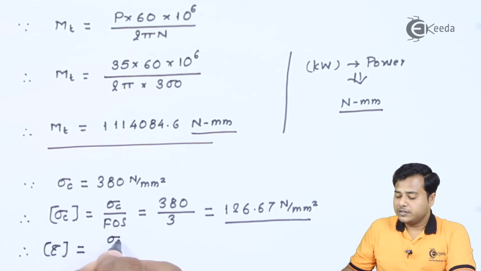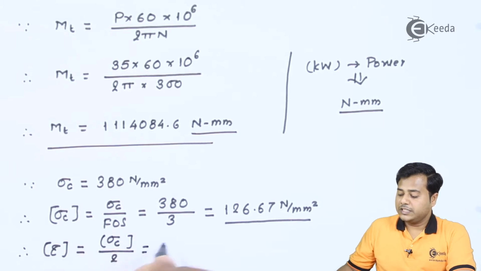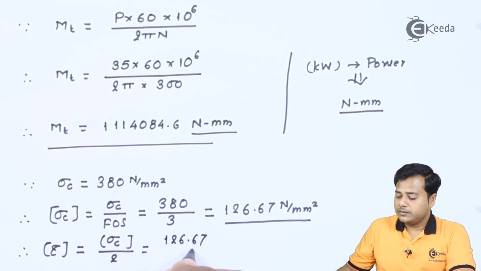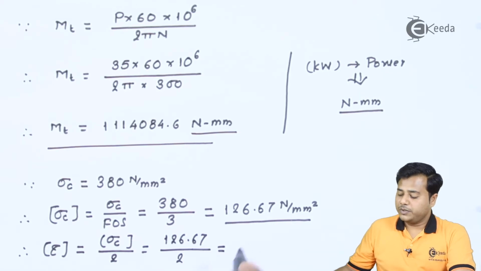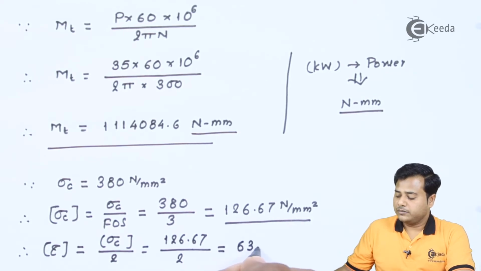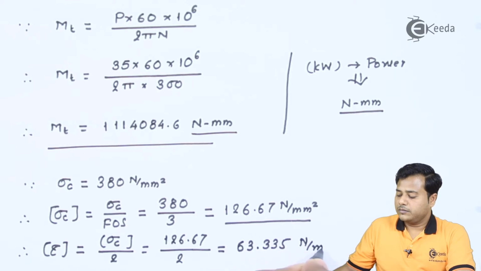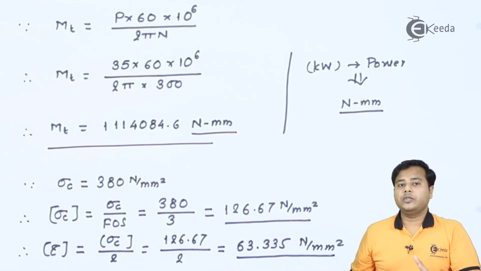So it becomes sigma c divided by 2. Let's substitute the value. The value comes out to be. So this was about the safety values.